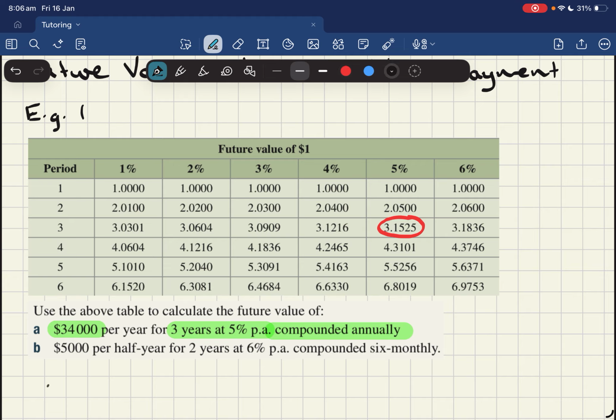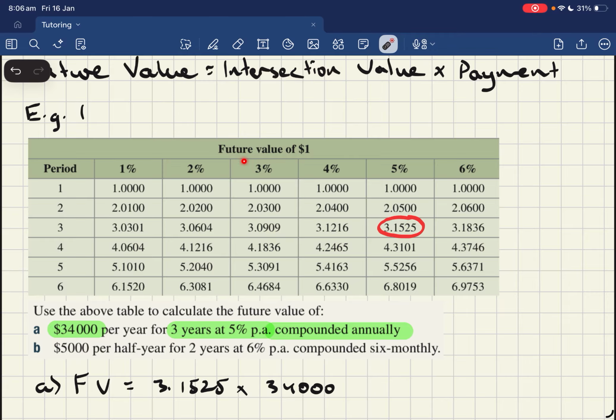So to find our future value, we multiply our intersection by the payment. So the payment here is $34,000. So this tells you, because remember, the key thing here is future value of $1.